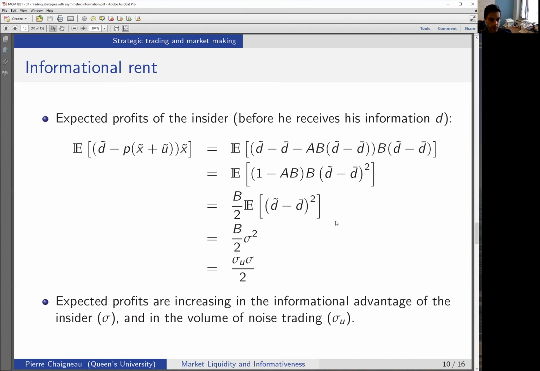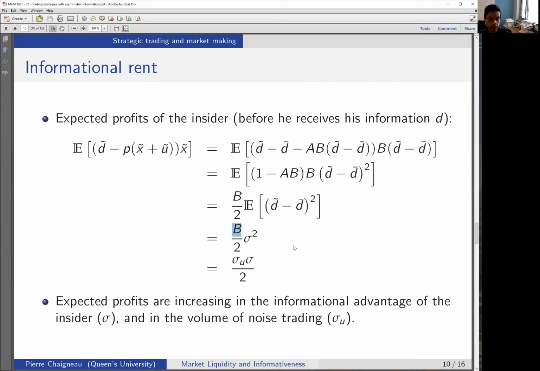Using this and the fact that A and B are constant and can be taken out of the expectation, all this thing here is going to be simply equal to this. And then I have the expectation of d tilde minus the expectation of d tilde squared. But by definition, this is just the variance of d tilde, which is equal to sigma squared. Okay.